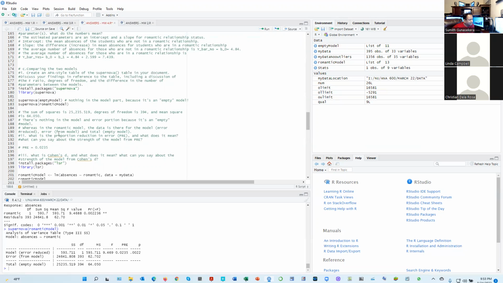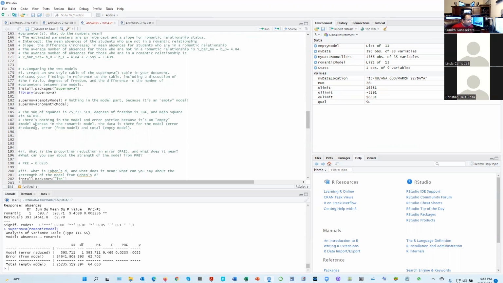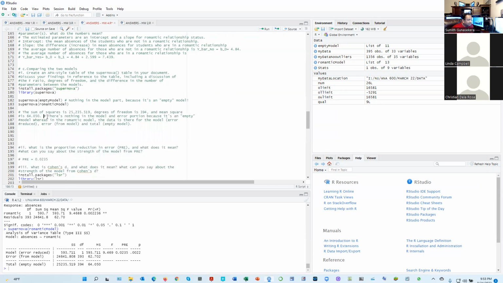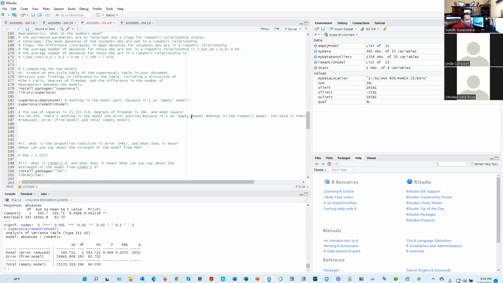Error is this one and total is this one. Whereas there's nothing in the model and there is an empty model. Empty model.